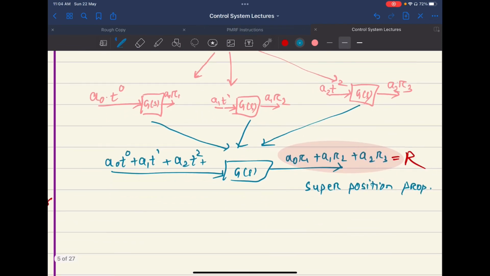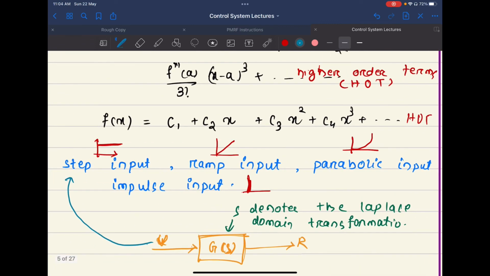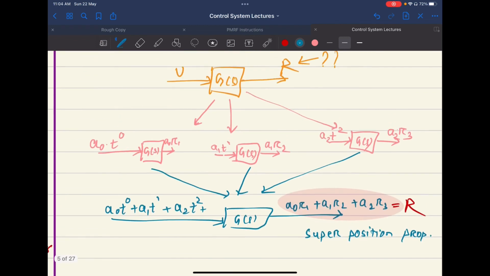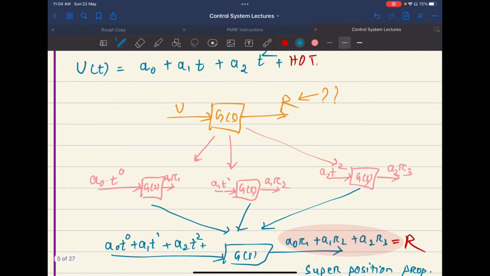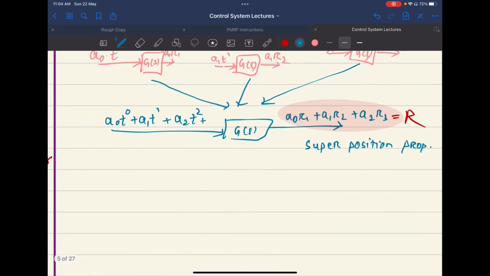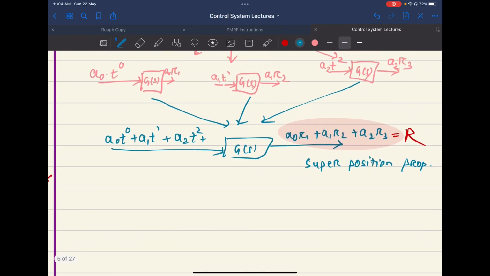This is the reason we currently consider only the step, ramp, and parabolic input responses: any signal that comes as an input, we can decompose into this form, and if we know the responses to the step, ramp, and parabolic inputs, we can get approximately, or exactly, the actual response to the control input.